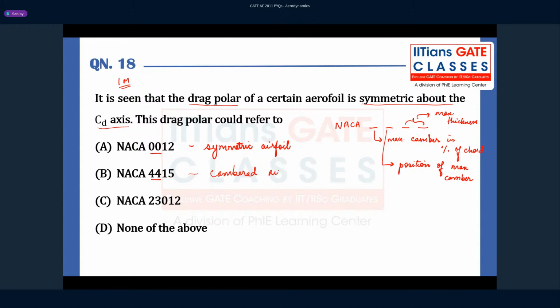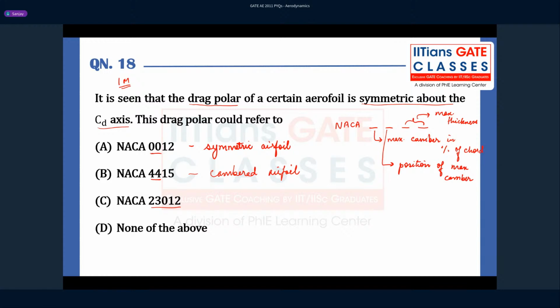And what about the third one, 23012? This is also a cambered airfoil, but it is a 5-digit series airfoil, right? So you should also revise the nomenclature of the 5-digit airfoil. So essentially, only the first one is a symmetric airfoil and the other two are cambered airfoils, right?